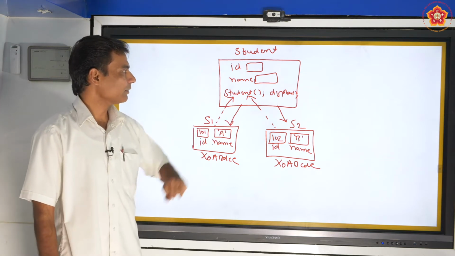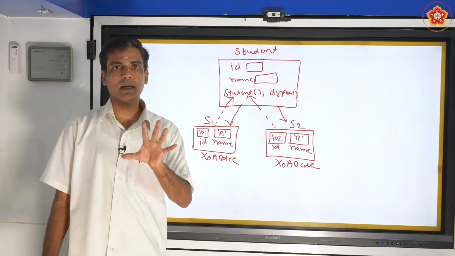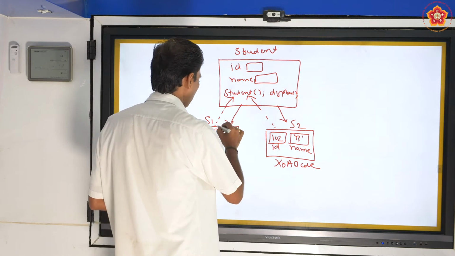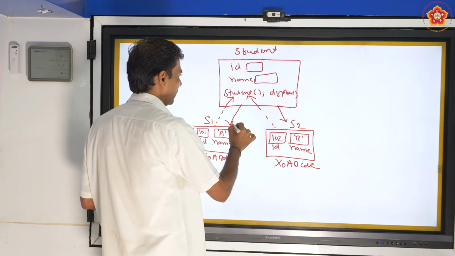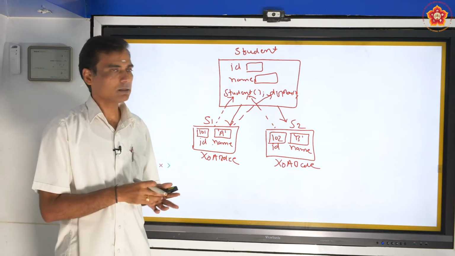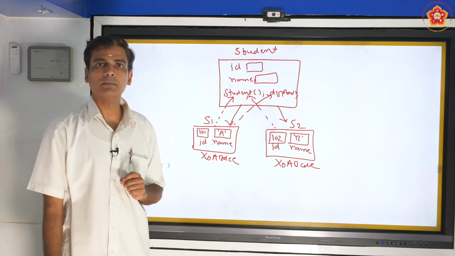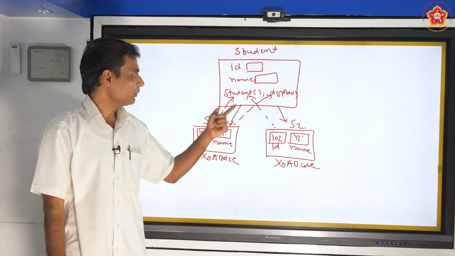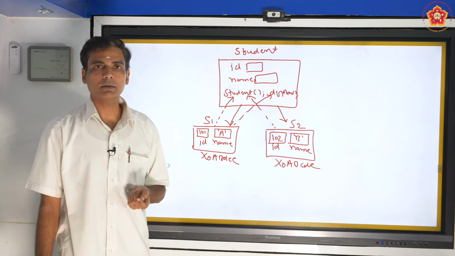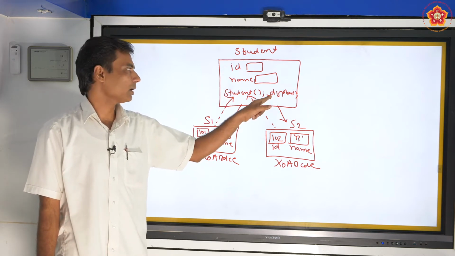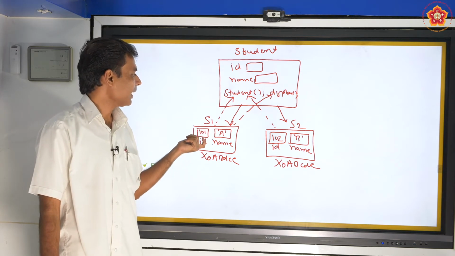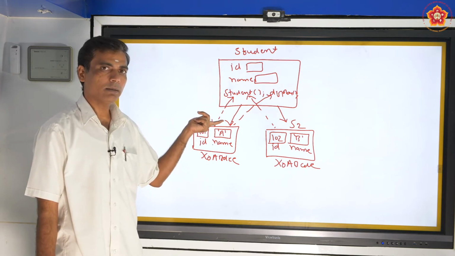And when you call the display function, in the display function there are only instructions. So what do those instructions do? When you call display with S1, this pointer receives the address of S1, and with the help of the pointer we can access the memory location of the object. So this display function accesses these memory locations and displays the contents of ID and name of S1.